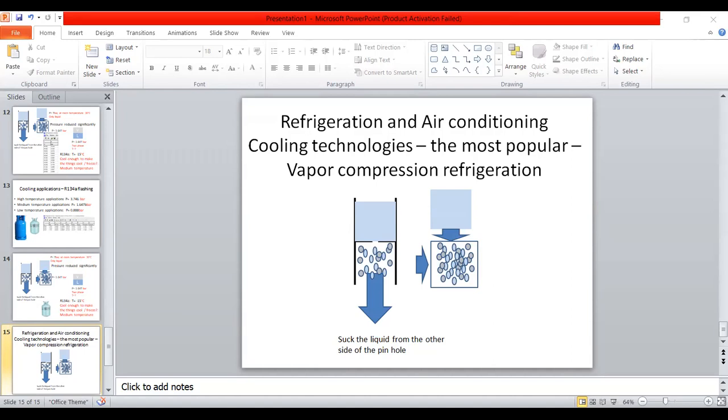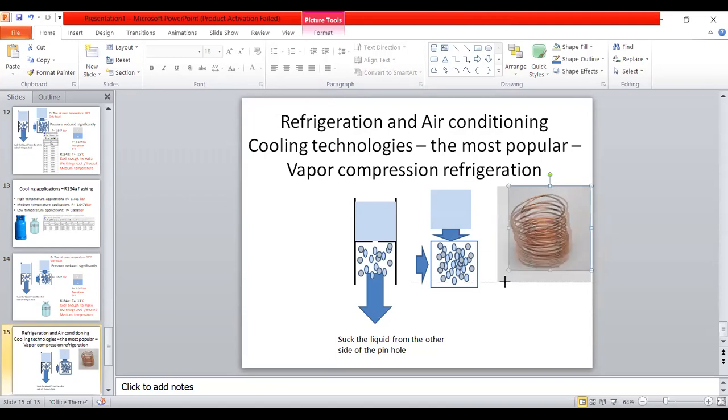So let me try to put a picture here for capillary. Even later you should be able to design the capillaries as well. Capillary means it's a longer tube with a very small diameter, a fraction of millimeters even possible.